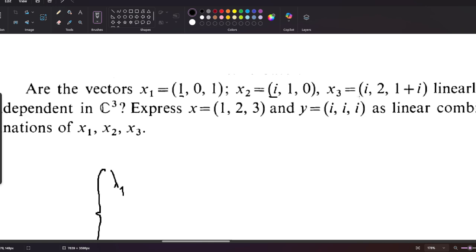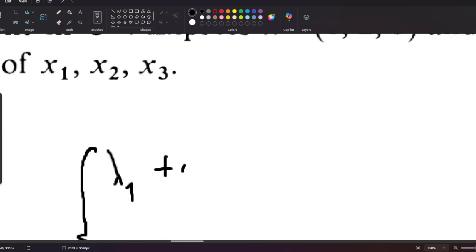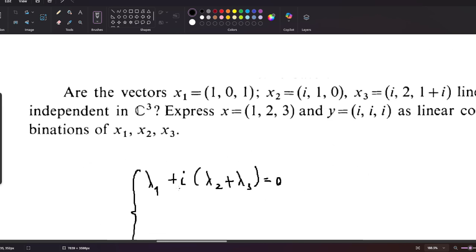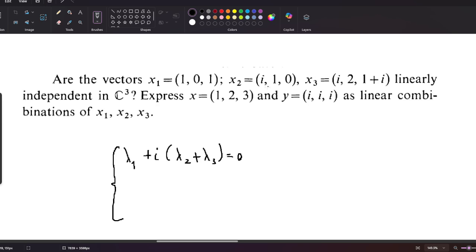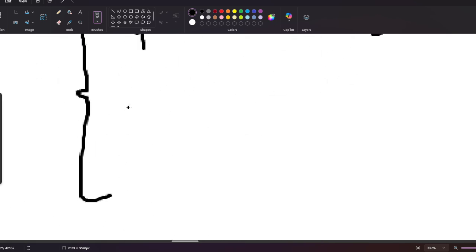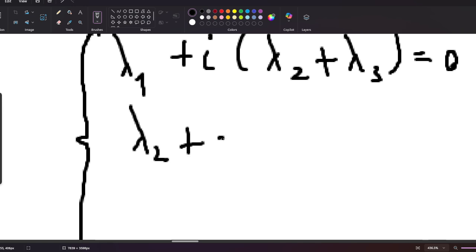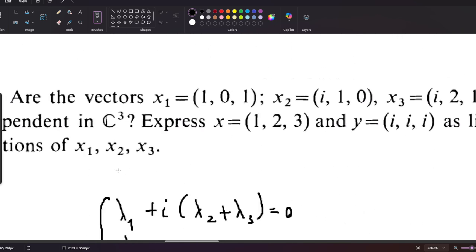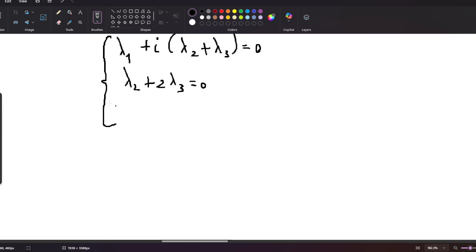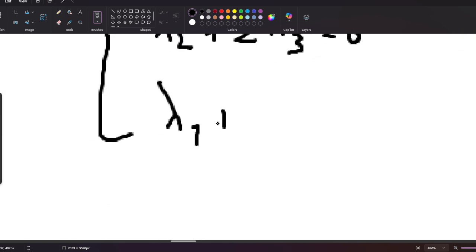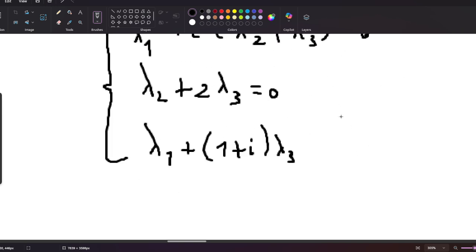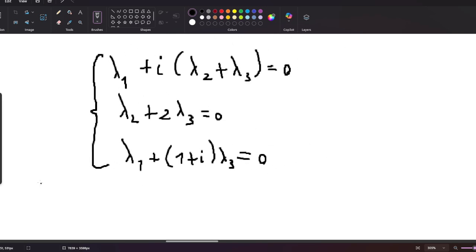Next we have i and i, so plus i times the sum of lambda 2 and lambda 3 equal to 0. Now the rest, let's run it down quickly. We have lambda 2 plus lambda 3 times 2 equals 0. For the third we have lambda 1 plus 1 plus i lambda 3 equals 0.